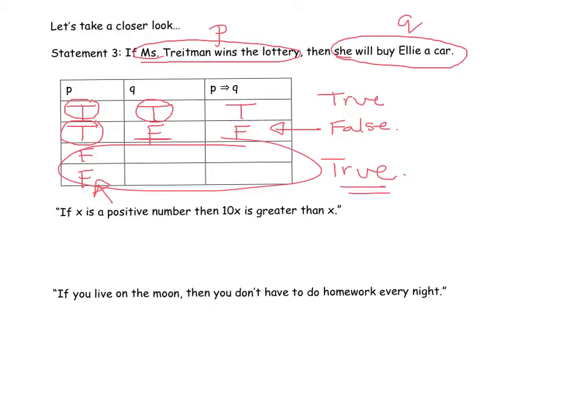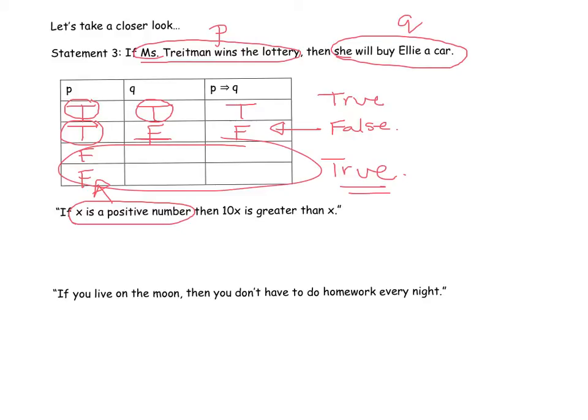So let's analyze this next question. If x is a positive number, then 10x is greater than x. Well, if x is a positive number, that means I have to meet this scenario in order to determine whether or not the statement is true or false. So I am only considering positive number x's.